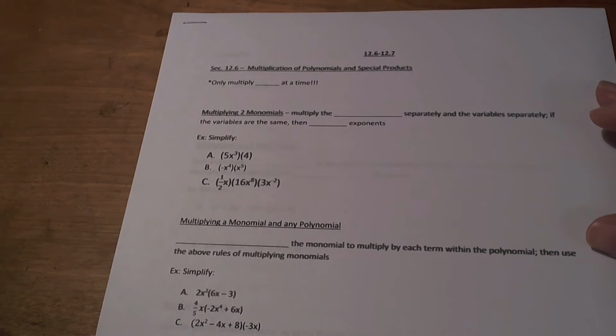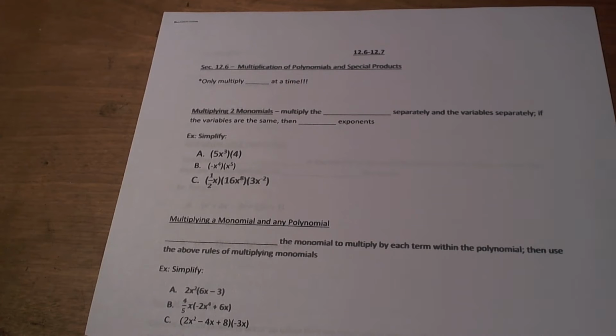So last video that you should have watched, we went over sections 12.3 to 12.5, and we ended that by talking about the definition of polynomials and adding and subtracting polynomials. Today's class then continues on with the idea of polynomials, but today we're going to be multiplying them in section 12.6 and dividing polynomials in section 12.7.